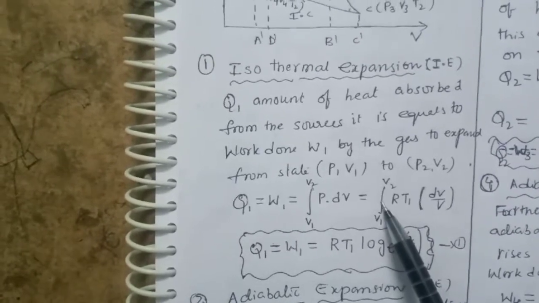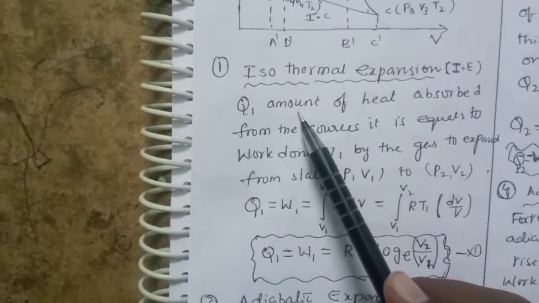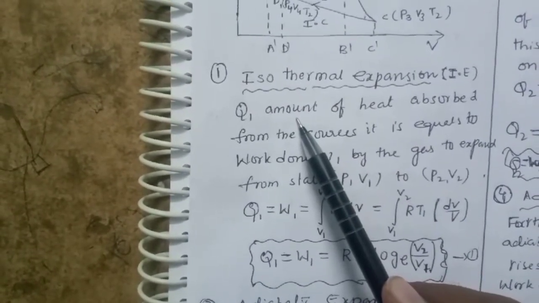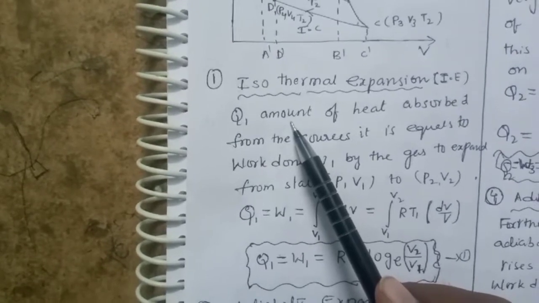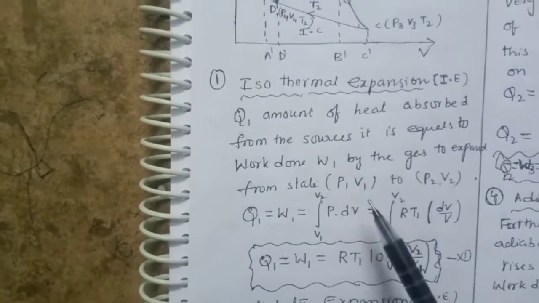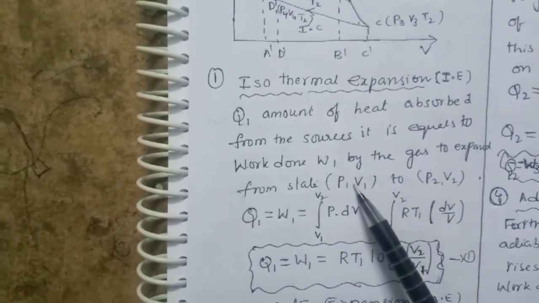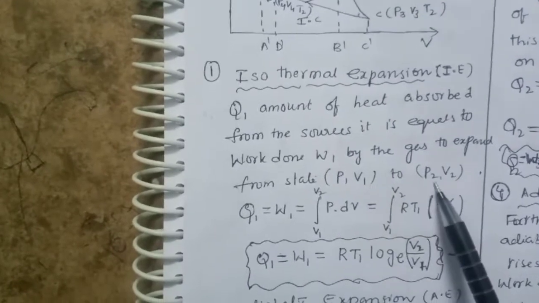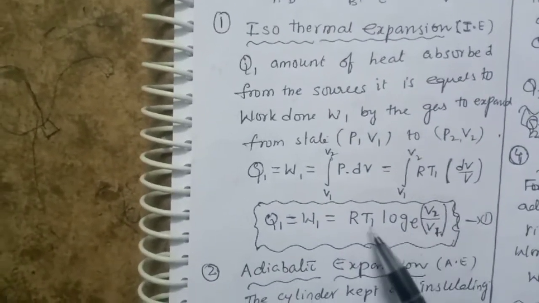Whenever the system absorbs Q1 amount of heat, the working substance, that is the gas, does work, so the gas expands to a new volume from V1 to V2 and its pressure decreases from P1 to P2, and we get this expression. Very easy expression, remember this one.